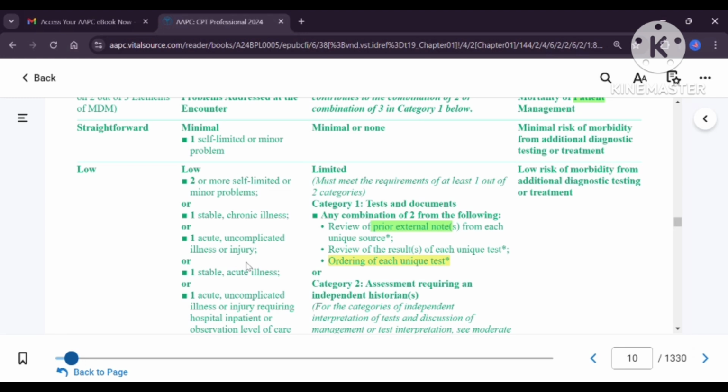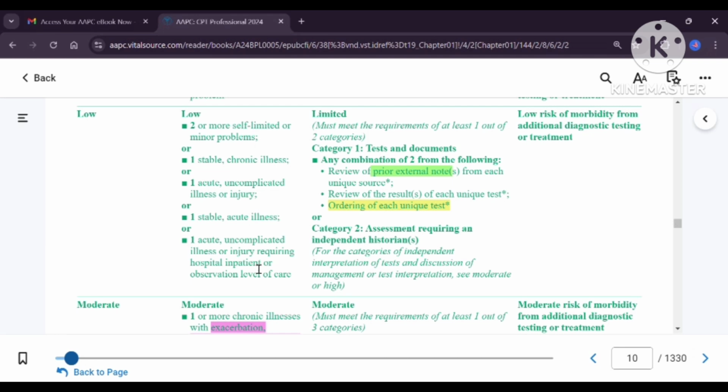Then again, I can consider the level of MDM as low. And if the problem is acute, uncomplicated illness or injury, but requiring hospital inpatient or observation, there is an injury and illness, but that needs some attention. I have to admit the patient or I have to at least observe the patient for some time. Then the level of MDM should be low.